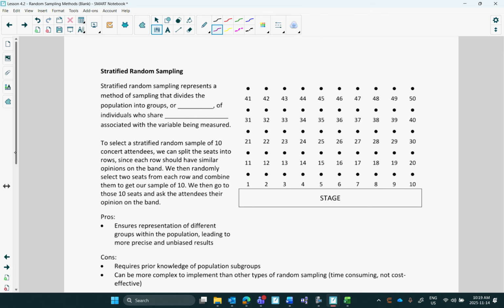What about the stratified? So the stratified would be divides the population into groups or strata. Of individuals who share common traits.